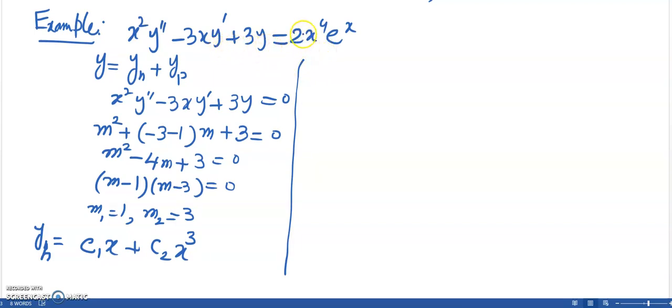Although this function seems to be in a kind of standard form for the application of the method of undetermined coefficients, I think in this case it will be easier to apply the variation of parameters method.